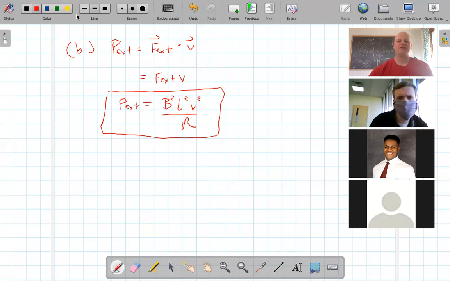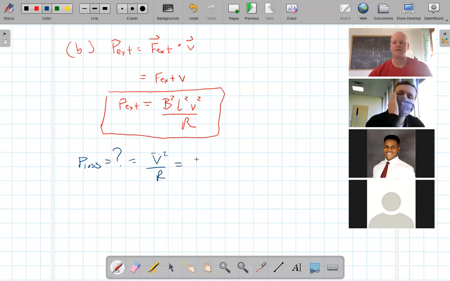Now, just to illustrate something, if this is what's being supplied by the external force, what is the power being lost by the resistor? So how much power is being lost by the resistor? Well, we know the power being lost by the resistor is equal to the potential squared divided by the resistance, where the potential squared is equal to the EMF squared divided by the resistance.